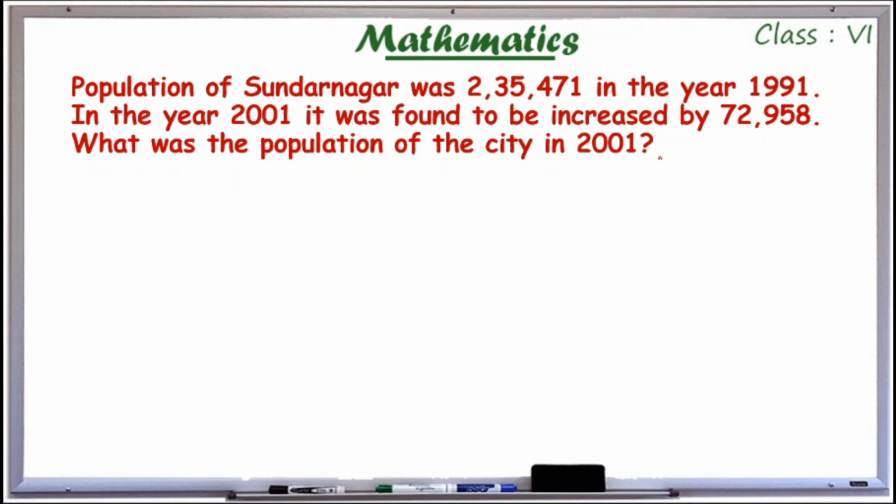Read this question. Population of Sundarnagar was 2,35,471 in the year 1991. In the year 2001, it was found to be increased by 72,958. So what was the population of the city in 2001? That is the question.